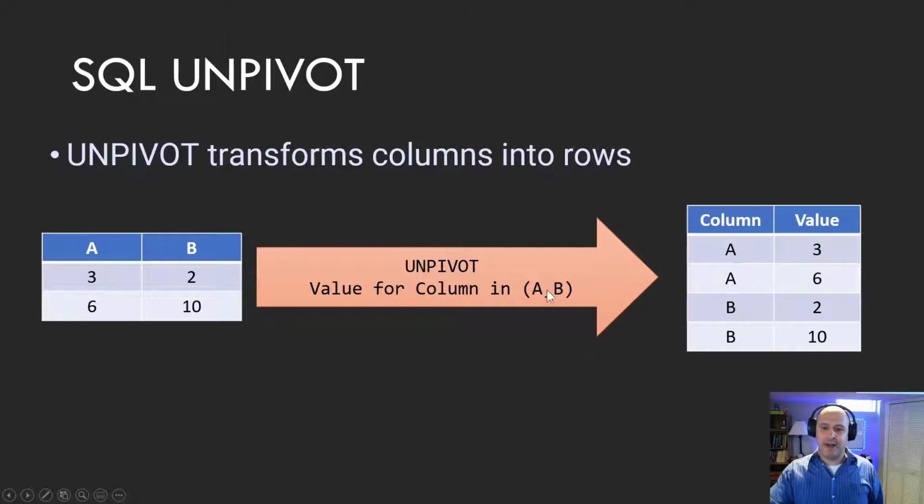And then for every value in column B, I have a row, B 2, B 10. So it's a way to take columns and transform them into rows. There is no aggregate operation going on with unpivot. It's merely taking the value in the cell and adding it to the row with the name of the column. That's basically it.